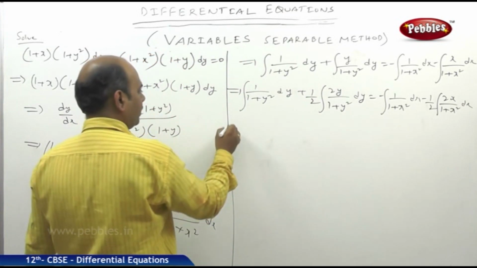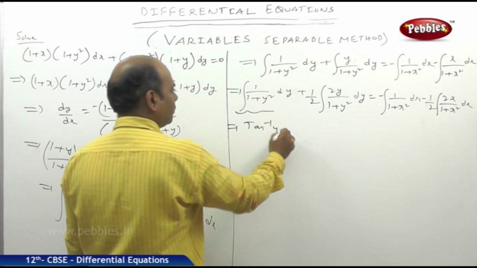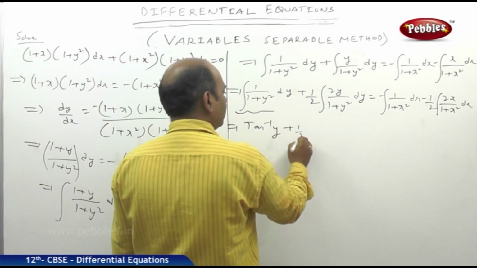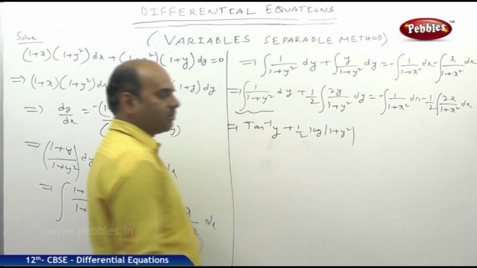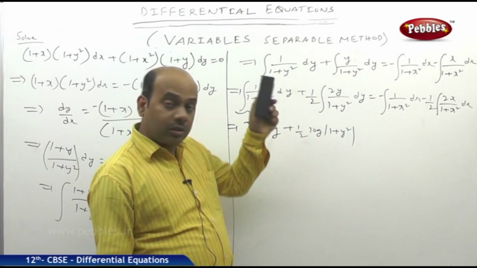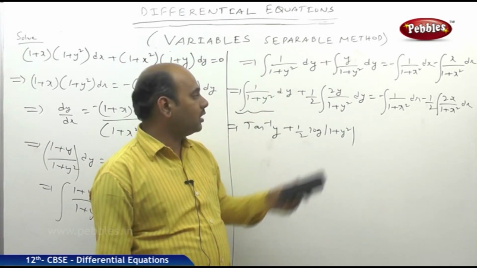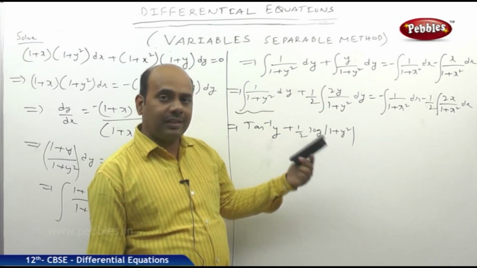Now if you observe carefully, this particular thing is nothing but tan inverse y plus 1 by 2 into log mod (1 plus y square), because it is of the form f dash x by f of x. In the substitution method of integration we have done, you put 1 plus y square is equal to t, then 2y dy we get as dt.